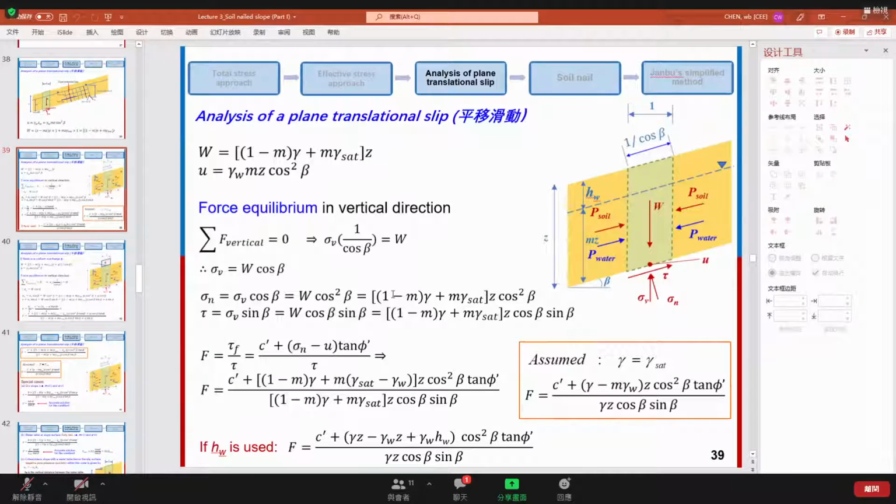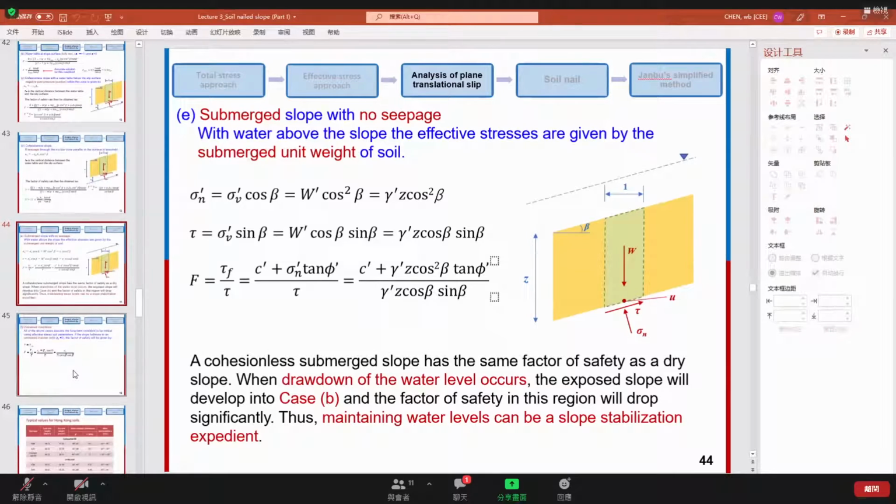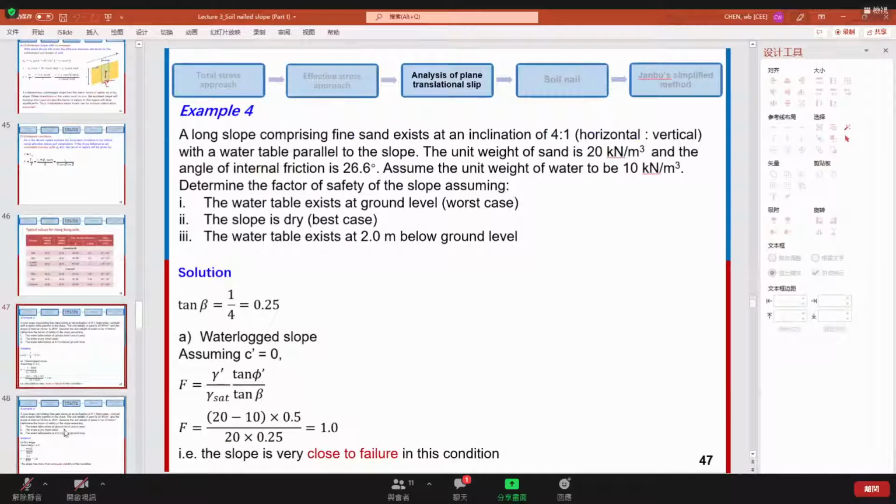Both are based on the effective stress approach. The only difference is when we consider the effect of pore water pressure. This is something I want to clarify with you.